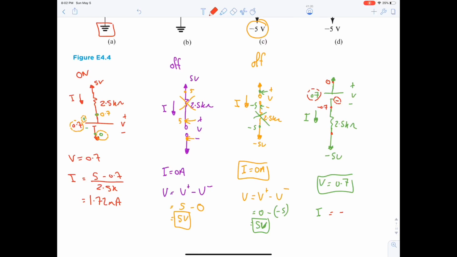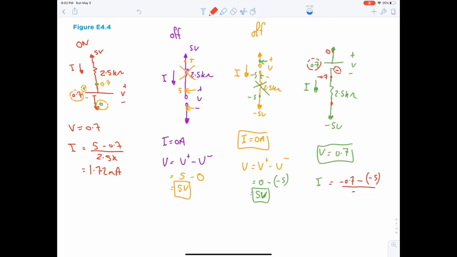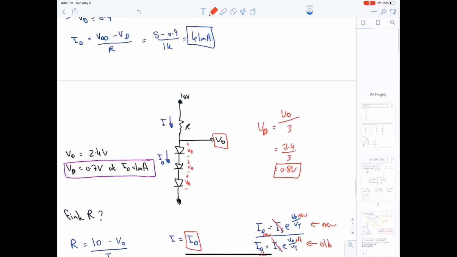So you're going to say (minus 0.7 minus 5) divided by 2.5k, resulting in, let's see, (minus 0.7 plus 5) divided by 2.5k, which is 1.72 milliamperes. Okay, let's see the last two examples before we conclude.